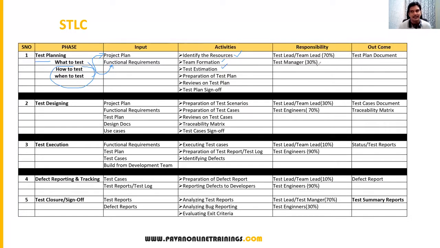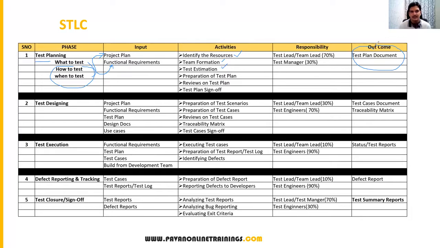So only the test leads, team leads or managers will be involved in this particular phase. And what is the outcome after completion of this phase? We will get the test plan document finally. The approved test plan document is the outcome from this particular phase.